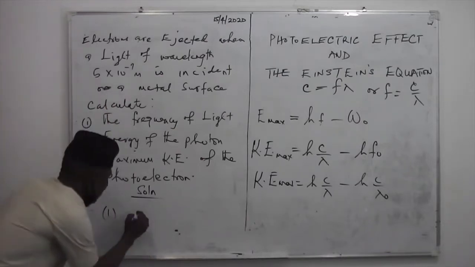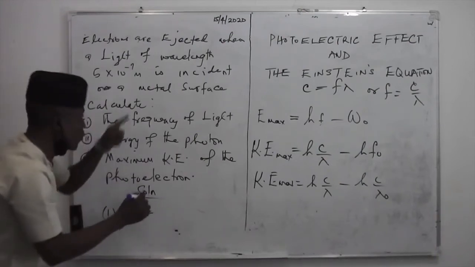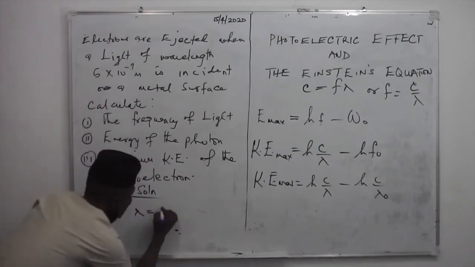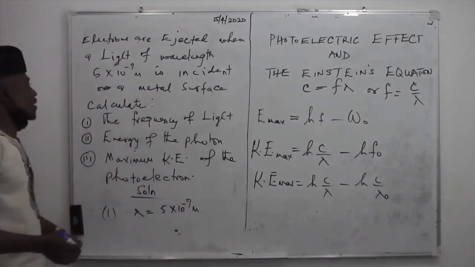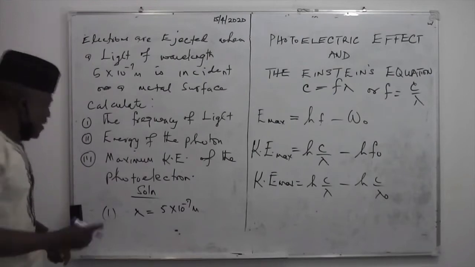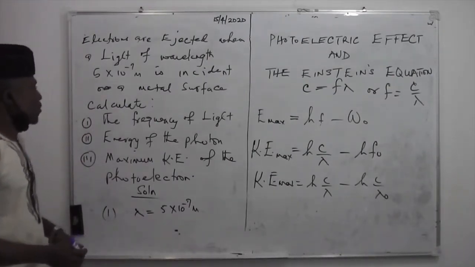So we have to state the parameters first. Solution. Number one: the wavelength of the wave is given as 5 times 10 raised to the power minus 7 meters. From the first question, we are asked to find the frequency of light.